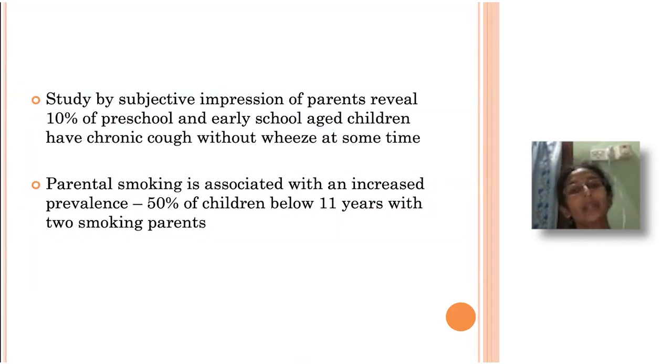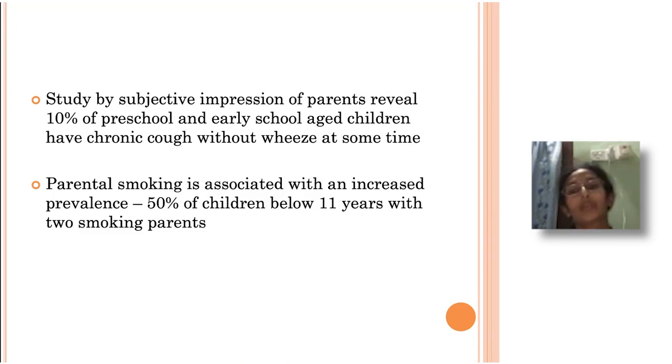A study based on the subjective impression of parents reveals that 10% of preschool and early school age children have chronic cough without colds at some time. So this indicates how common chronic cough is in pediatric populations.